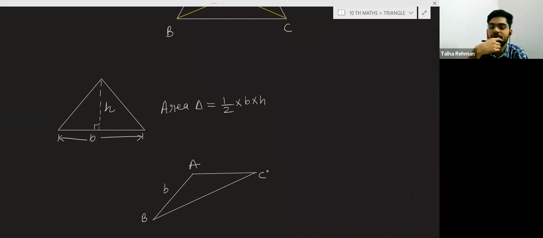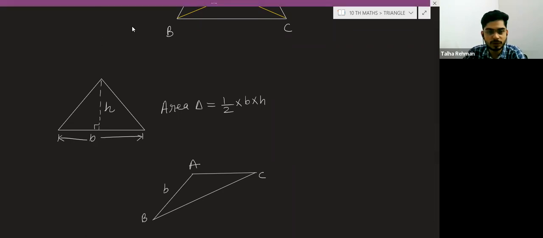Then in that case, how will we calculate the area of this triangle? Because we have base, but we do not have height. AC is not the height of the triangle. What is the condition for the height? That height must be perpendicular to the base.